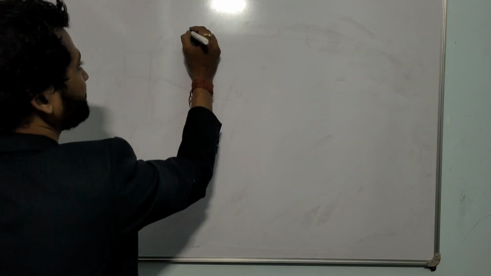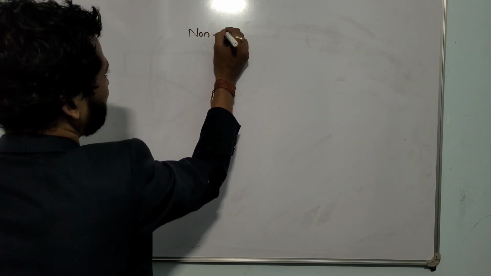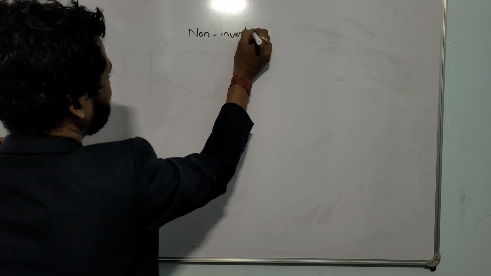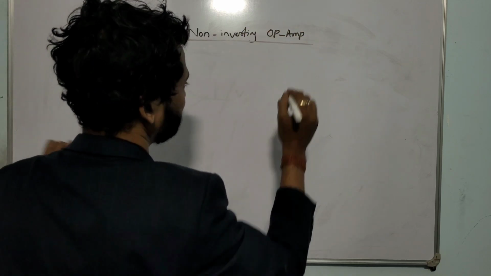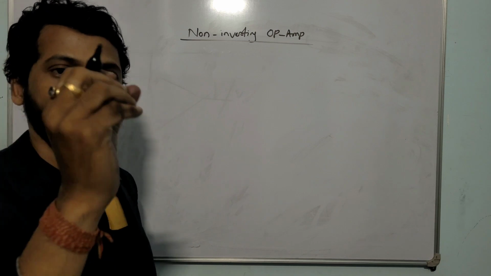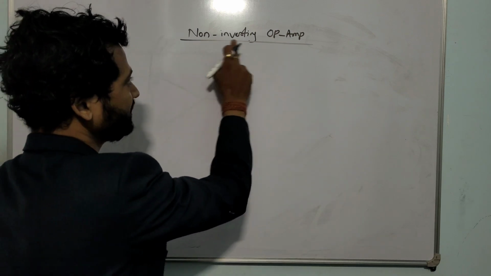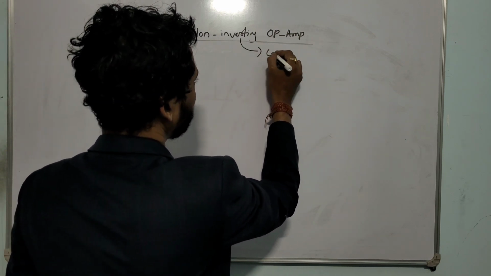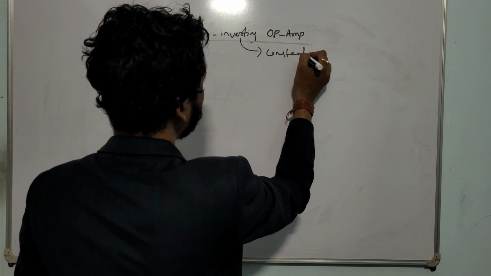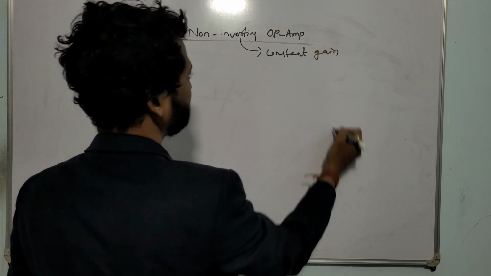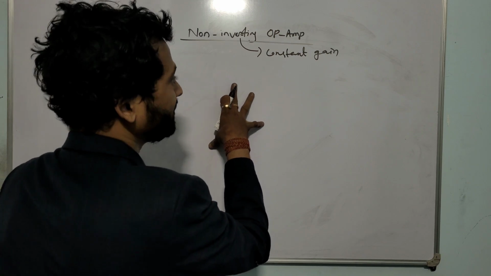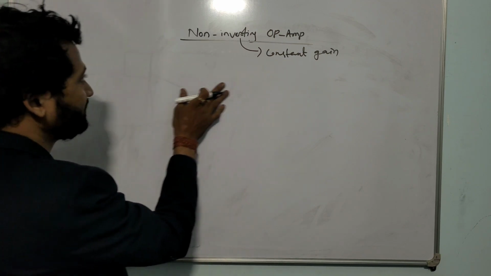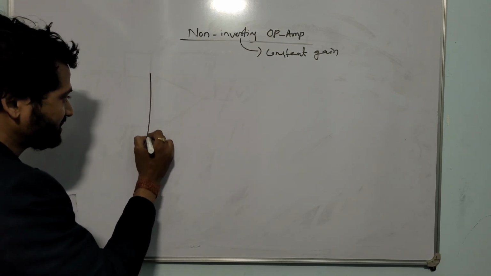Okay, now we'll discuss non-inverting operational amplifier. First tell me, what was an operational amplifier? It is a high gain amplifier, but a non-inverting operational amplifier is a constant gain amplifier. As I said, we need a closed loop feedback for that. So what is the circuit diagram?